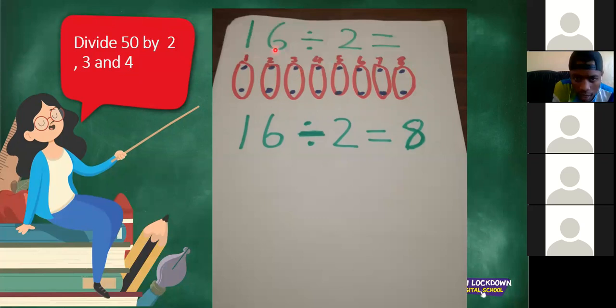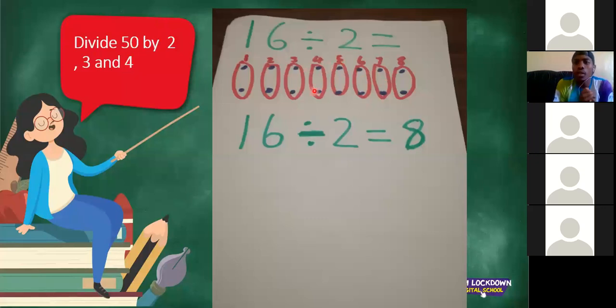So first you write out 16 items. Then after you write out 16 items, you divide them. You split the 16 items into groups of 2 each. You have 16 items, and in each group there must be 2. So you know it's 2, 2, 2, 2, 2, 2, 2, and 2.